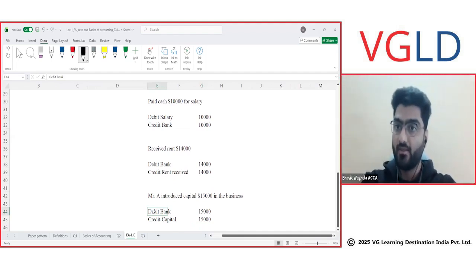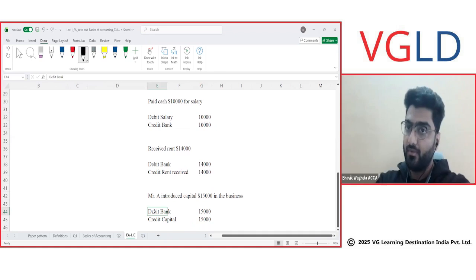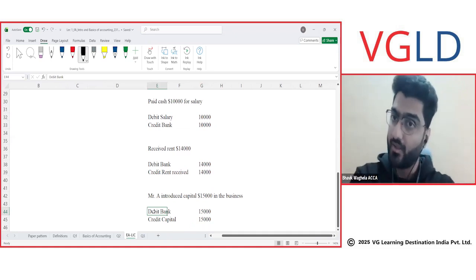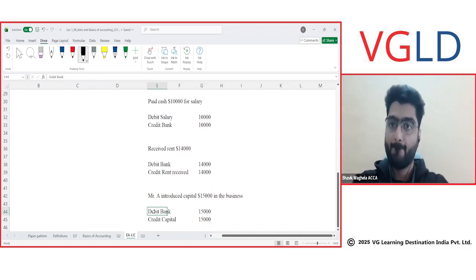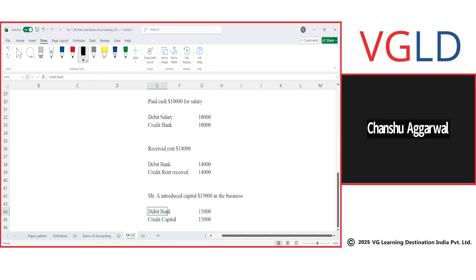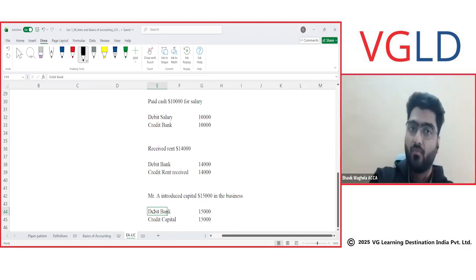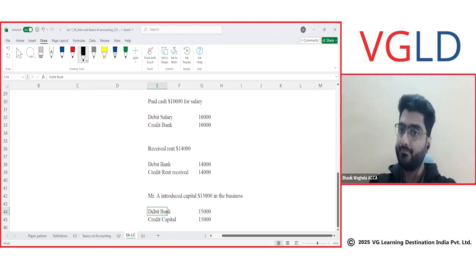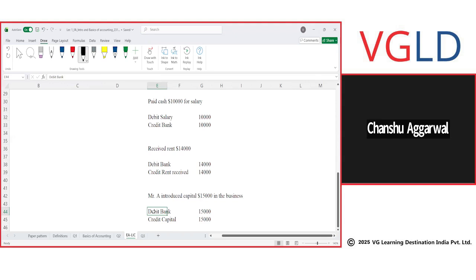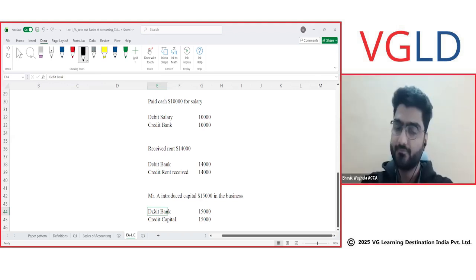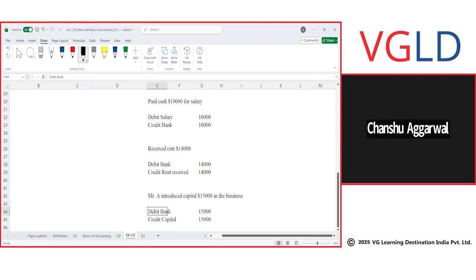Because if you go by that rule, debit the receiver. Is Mr. A receiving anything, or are we receiving cash? What will the business say? We have received cash. So obviously you will have to debit cash or bank. But sir, in this transaction, how will the money be received in the bank?